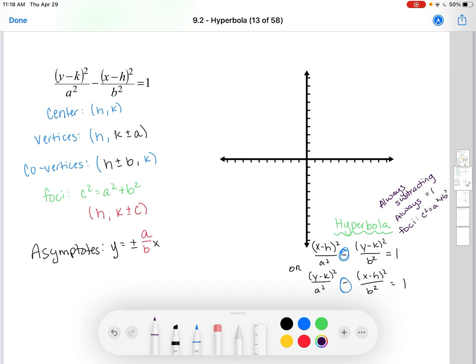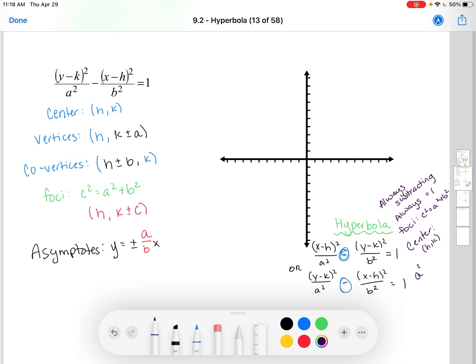It's going to be c squared equals a squared plus b squared, so I have to remember that's a feature of a hyperbola. I'm always going to have fractions for x squared and y squared. You can choose to put that down if you'd like. And I'm always going to have a center point. That is unique as well. And that center point is still hk.